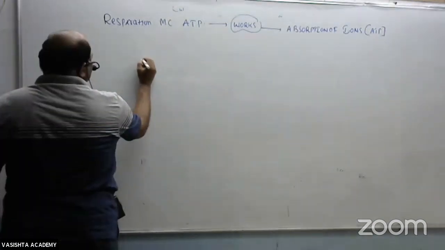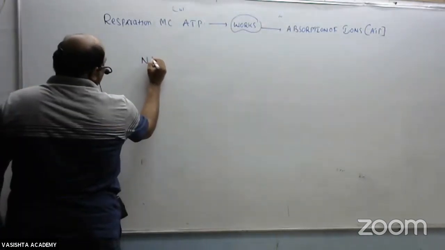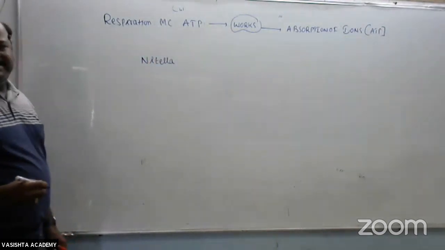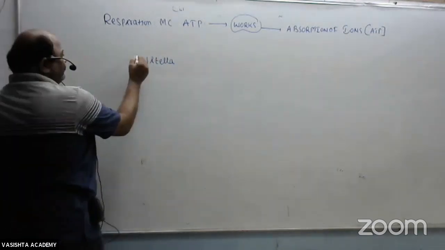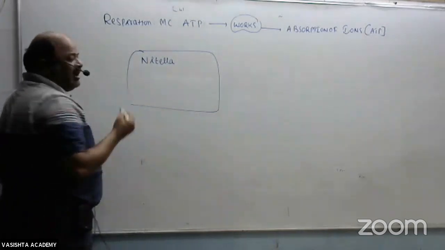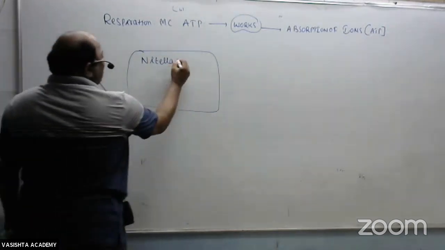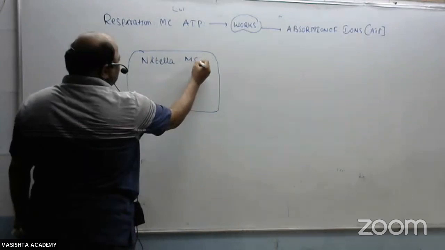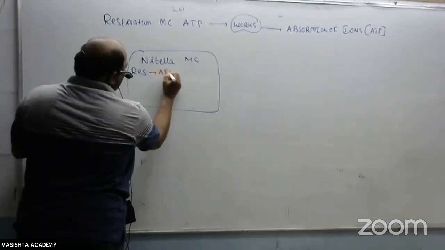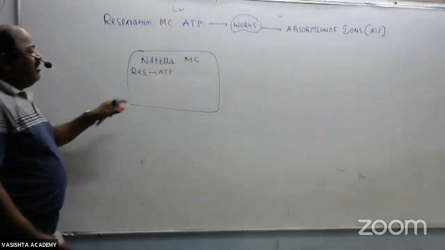So scientists experimentally proved it using one algae. The algae's name is Nitella. Now this is the blue chalk. This is the Nitella. In the Nitella, mitochondria, as usual, a cell organelle, is present. In the respiration process, what is formed?